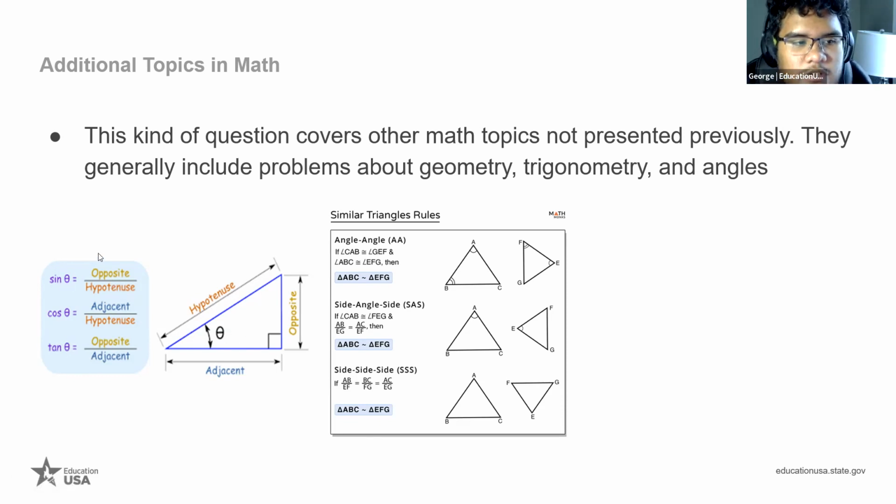The sine of an angle is equivalent to the length of its opposite side, the side that's opposite of the angle, over the hypotenuse, which is the longest side of this right triangle, because these trigonometric functions only work on right triangles like this. So the hypotenuse is the longest side.